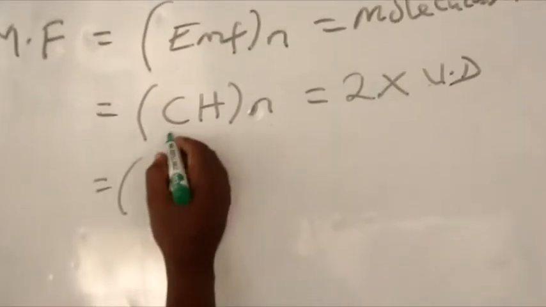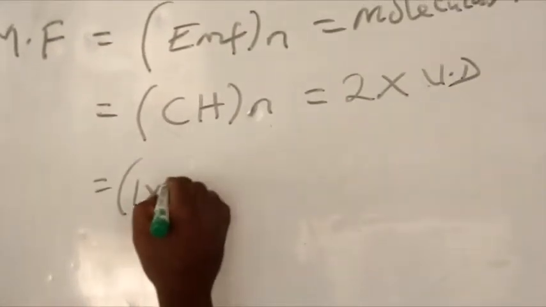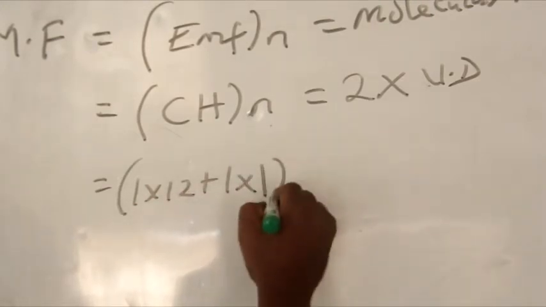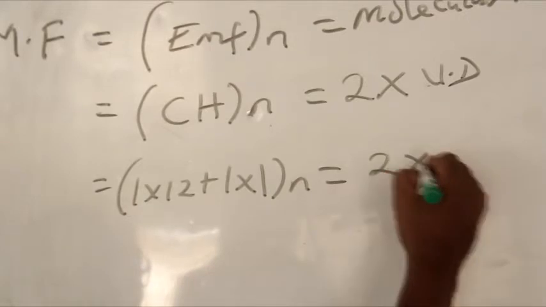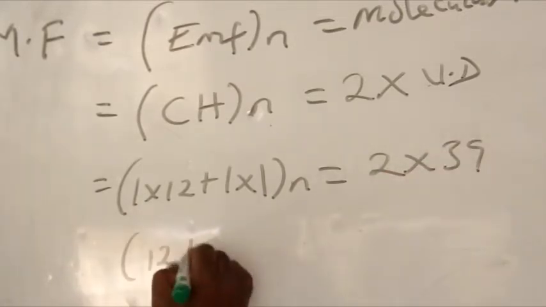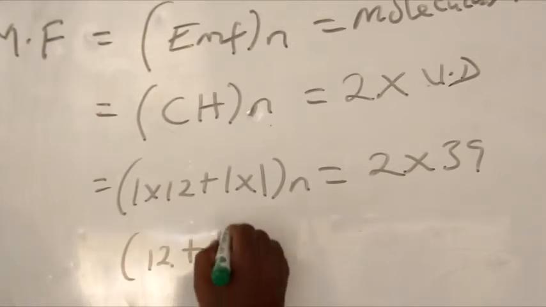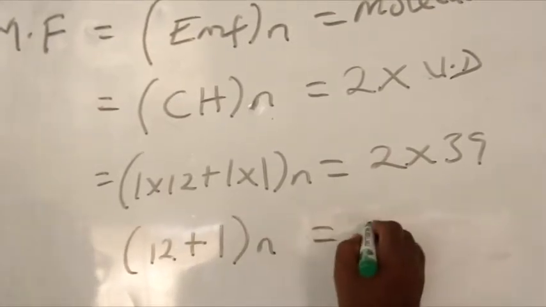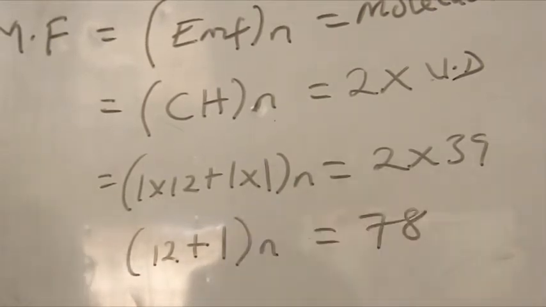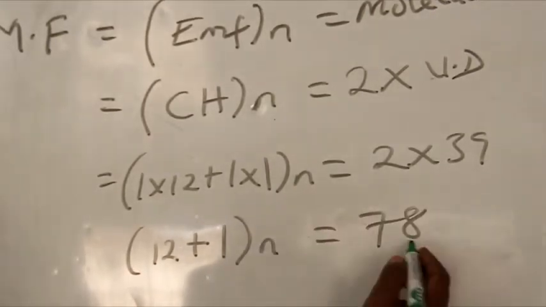So you now expand this bracket. From the bracket, carbon is 12, so you say 1 times 12 plus 1 times 1, n, is equal to 2 times 39. This is 12 plus 1, n equals 78.